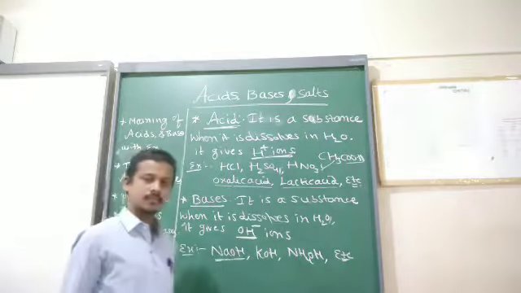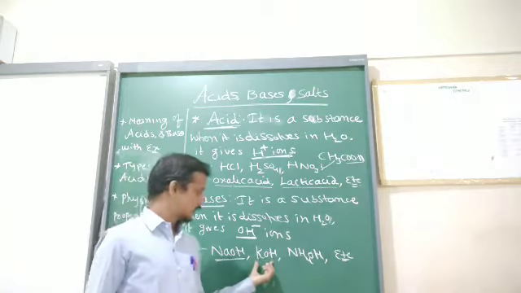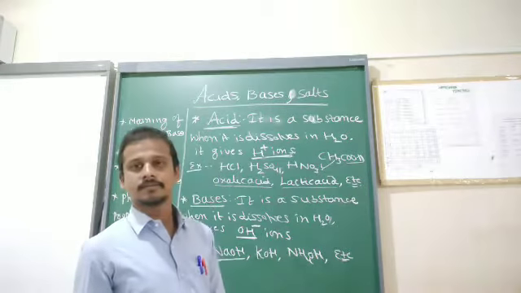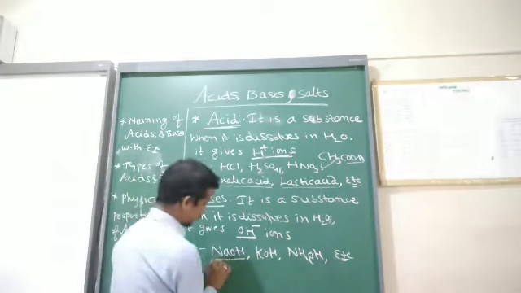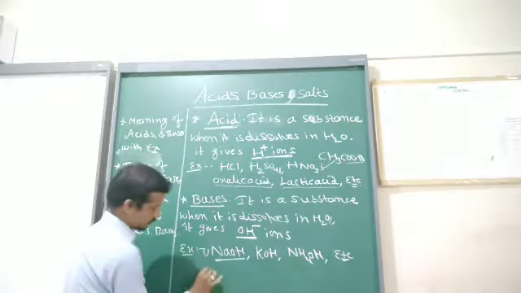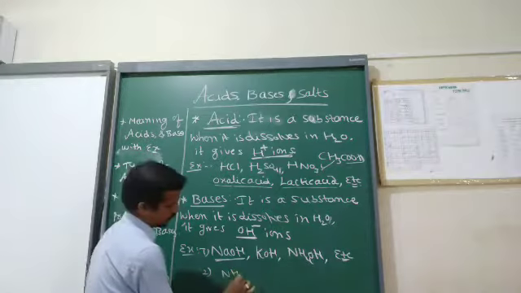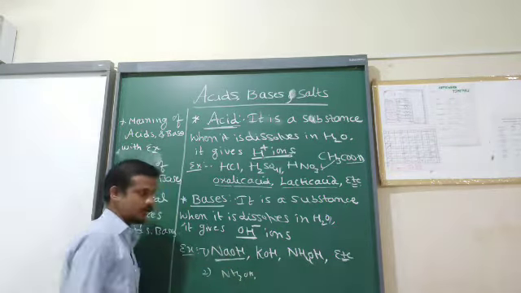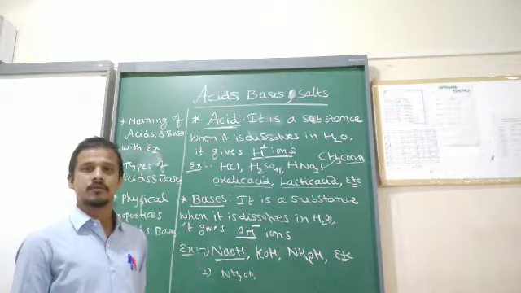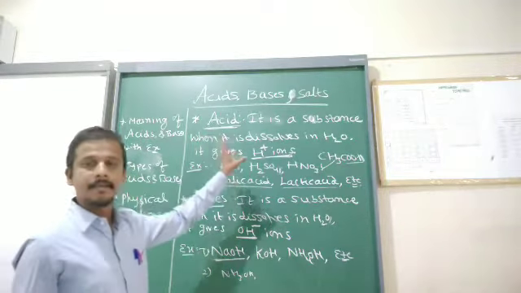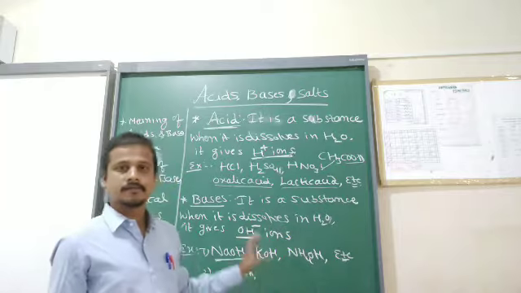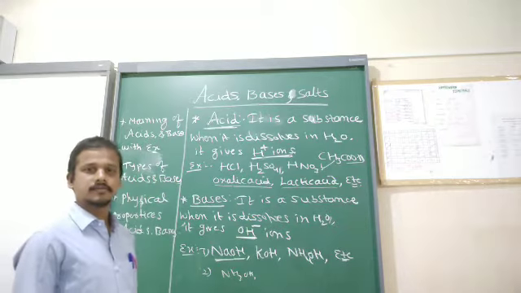These are strong bases. Next, there are also weak bases. So this is the meaning, examples and types of acids and bases.